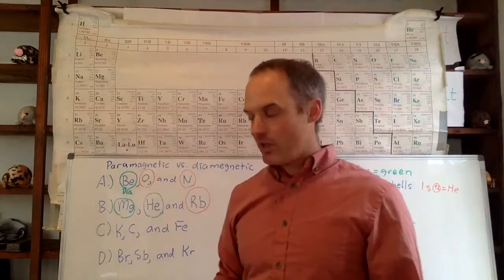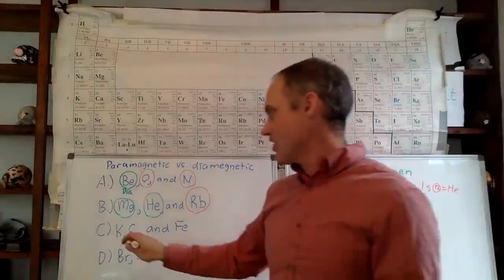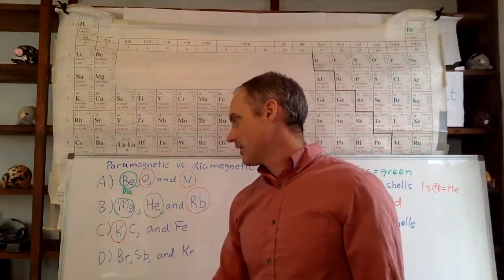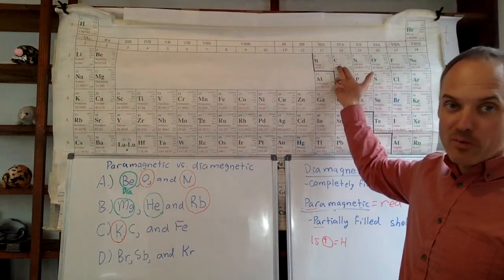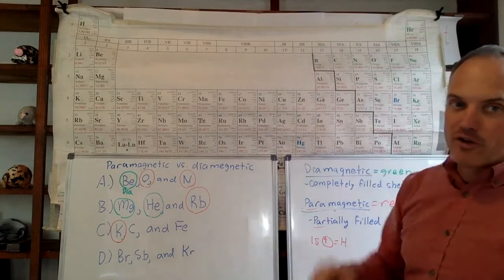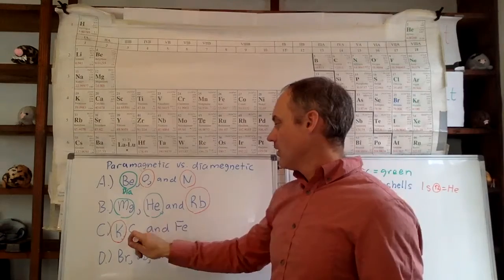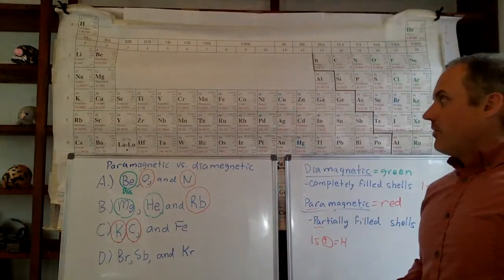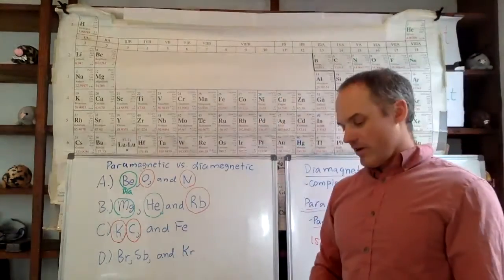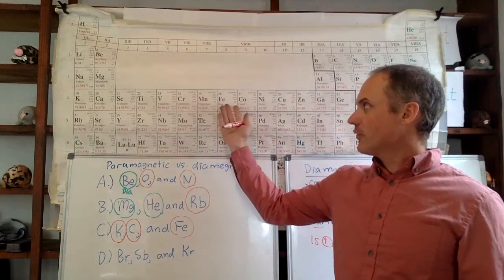Potassium is an s1 as well, so it's a partially filled shell, or paramagnetic. Carbon also messes it up. It's 2 over in a p shell, so it's a p2 configuration. That messes its chances up of being diamagnetic.